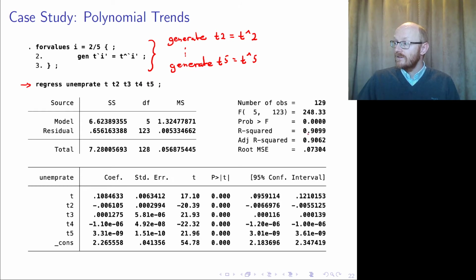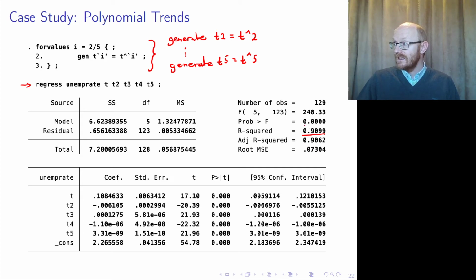Well, we get an r squared of almost 91%, which tells us that by using these powers of time, we can explain almost 91% of the variation in the unemployment rate.